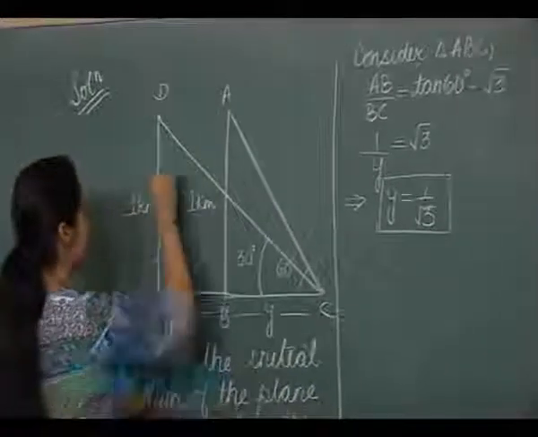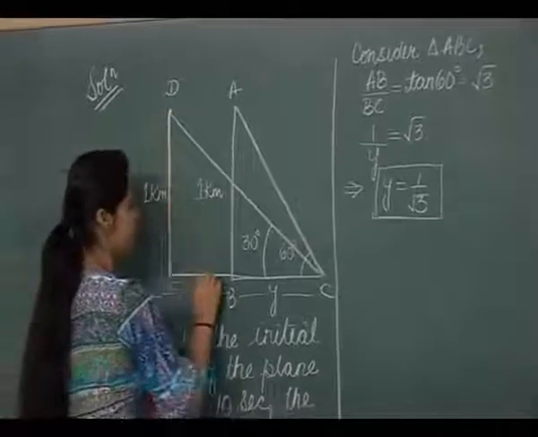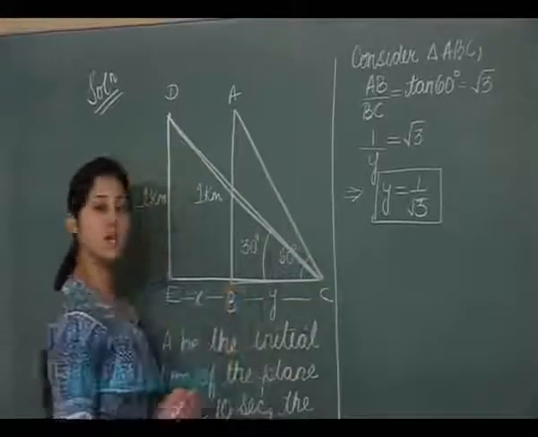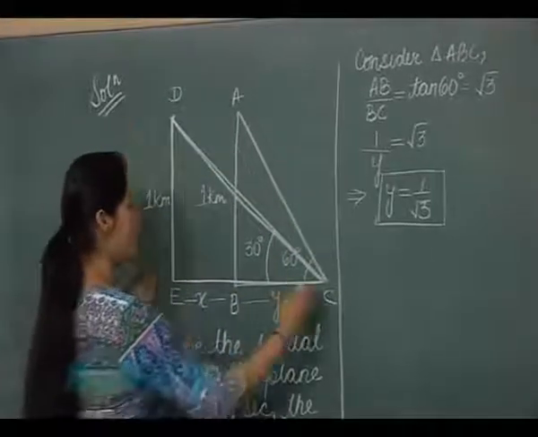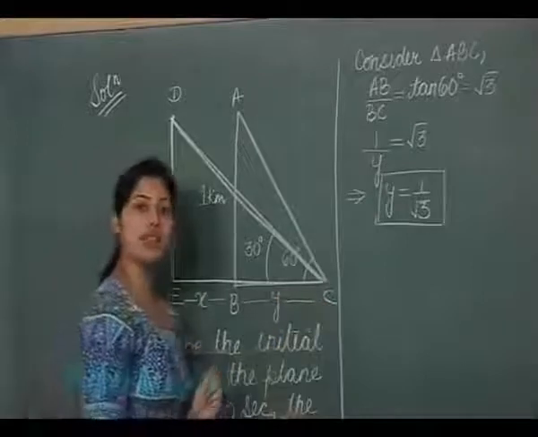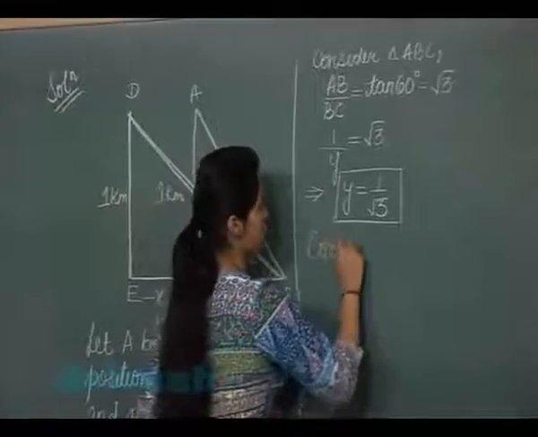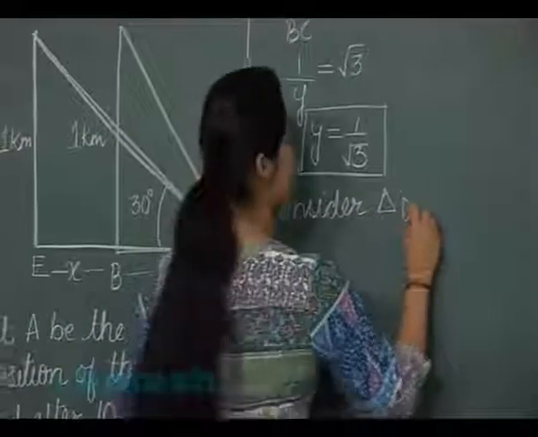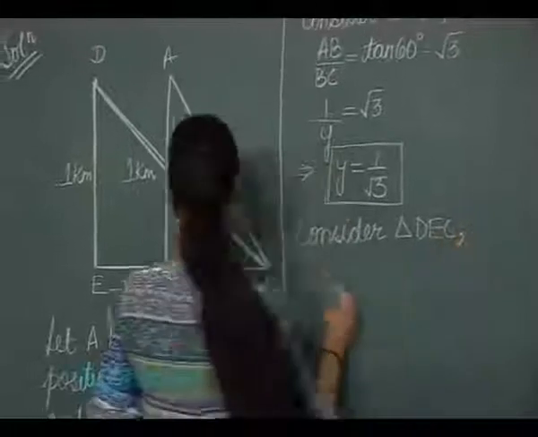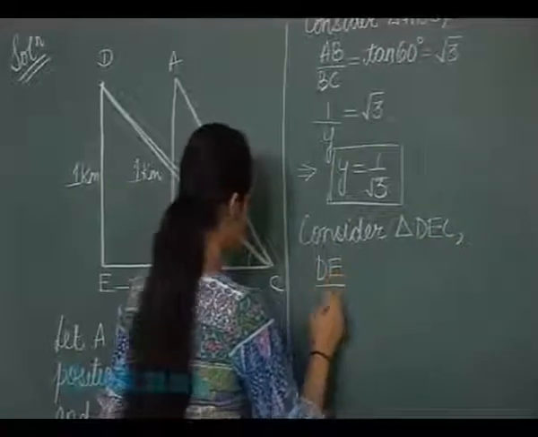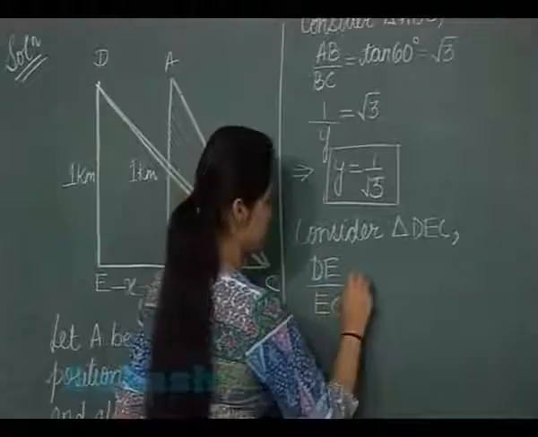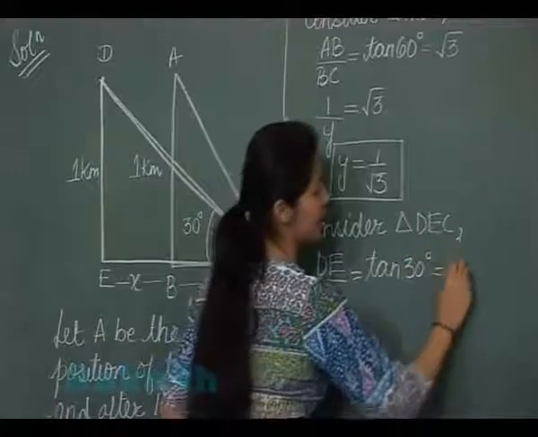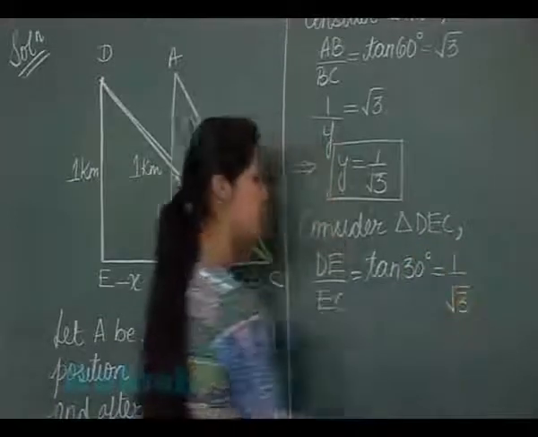Now we will find out the value of x also. Now we will consider this triangle DEC. Now in this triangle student, we can see that DE upon EC will be equal to tan 30 degree. So consider triangle DEC. In this triangle DE upon EC is equal to tan 30 degree, and we know that tan 30 degree is 1 upon root 3.